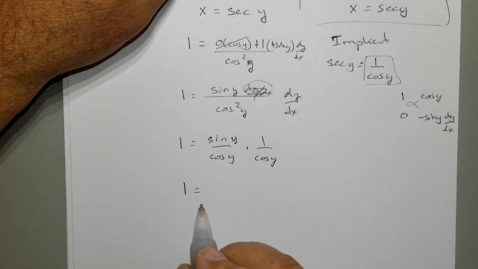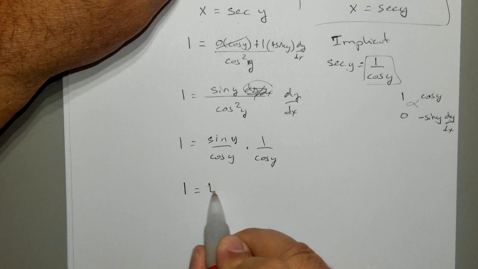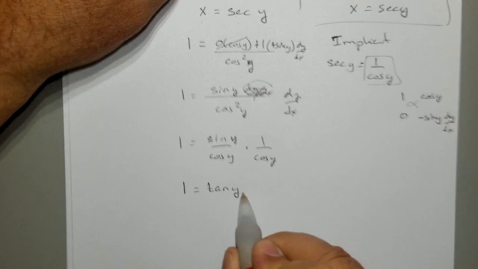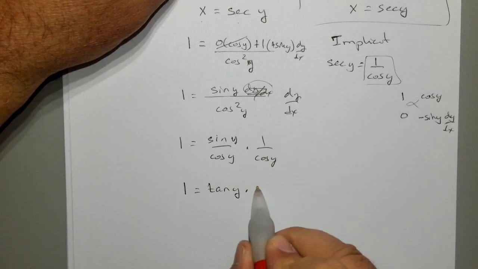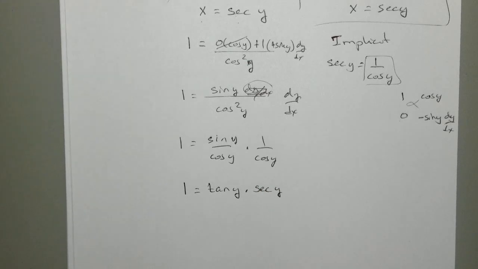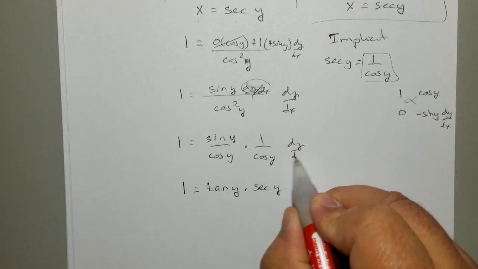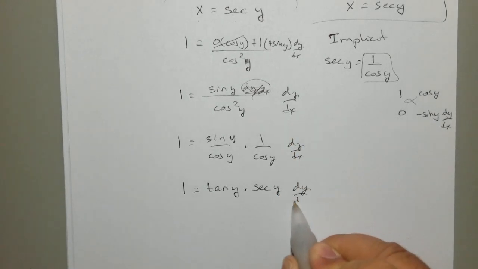Sine over cosine is? Tangent y. 1 over cosine? Secant y. This is also dy dx at the end. What we did was take the secant function, convert it to sine and cosine, take a derivative of that, and now put it back in terms of tangent, secant, cosecant.